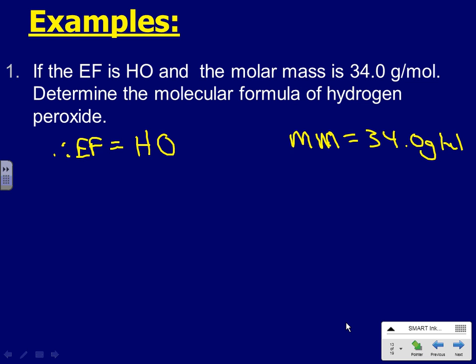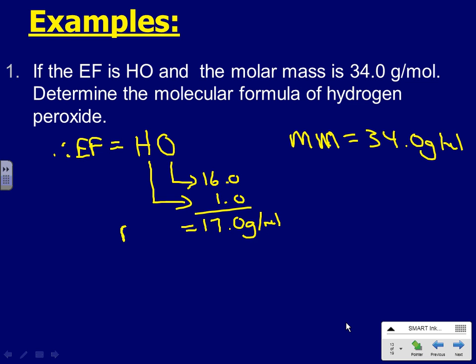The way we do that is we get the mass of our empirical formula. You already got it? 17. Excellent. 16.0 plus 1.0, that's 17.0 grams per mole, and I'm going to give that a title called the empirical formula mass, because it's not necessarily the mass of the molecule, not the molar mass.